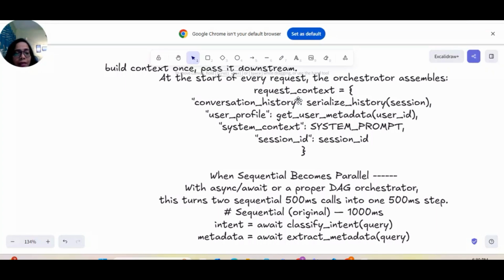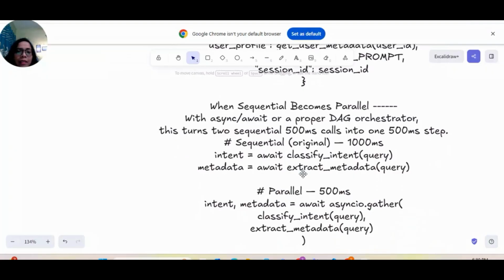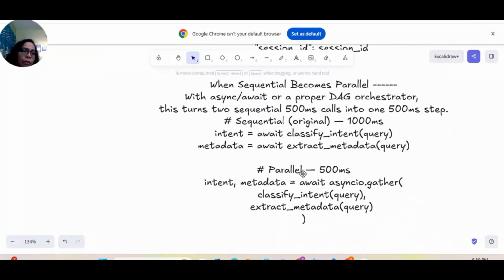So we can run these two steps simultaneously in parallel and merge the results before retrieval, through async operations and a proper DAG, that is the orchestrator. This turns two sequential 500 millisecond calls into one single 500 millisecond step.